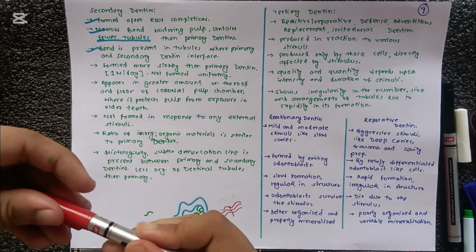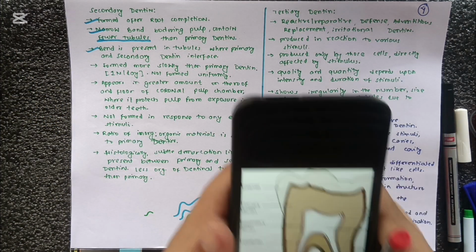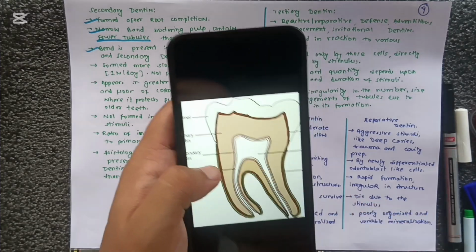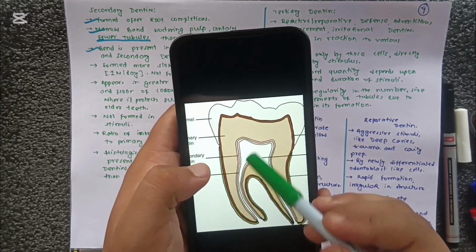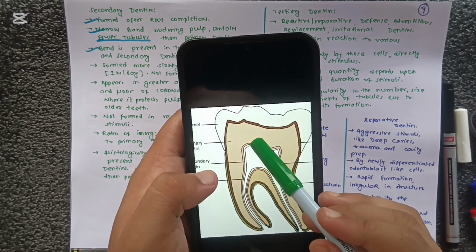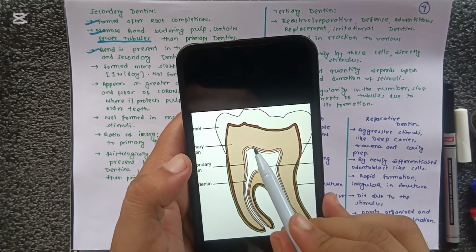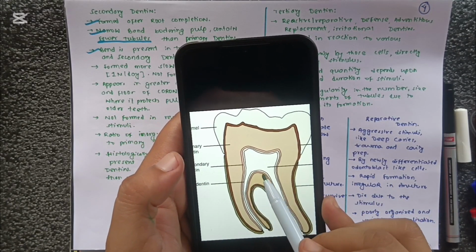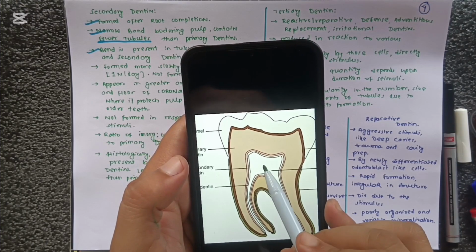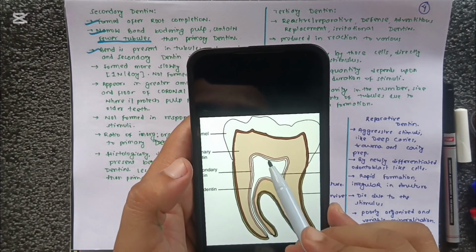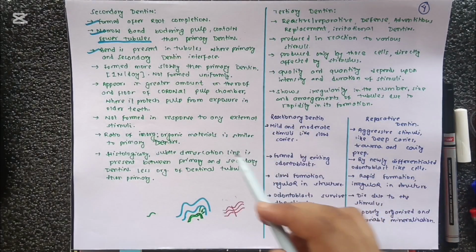So what it means is that this white color portion is the pulp. In the roof portion and in the floor portion of this white color pulp, there is a larger amount of secondary dentin.